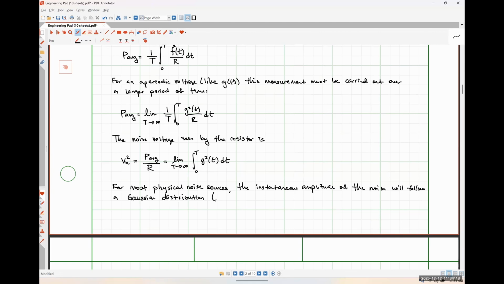Meaning that approximately 68% of all noise amplitudes will fall within one standard deviation.